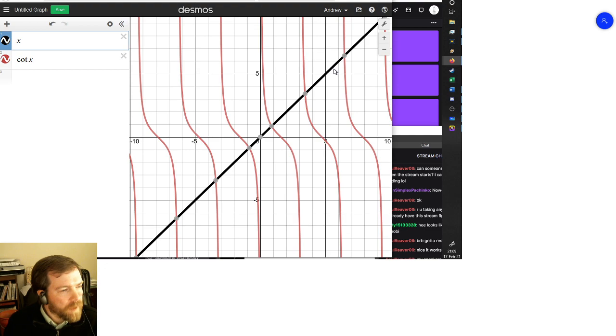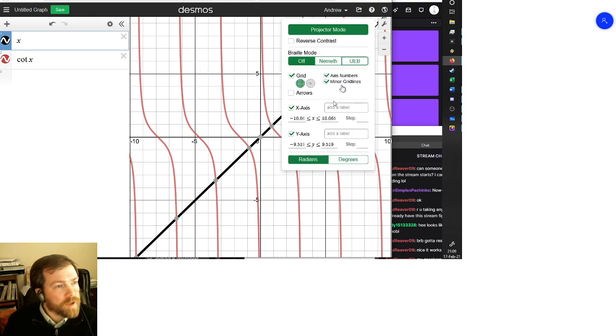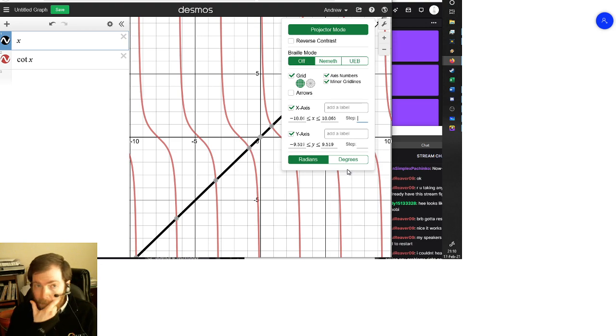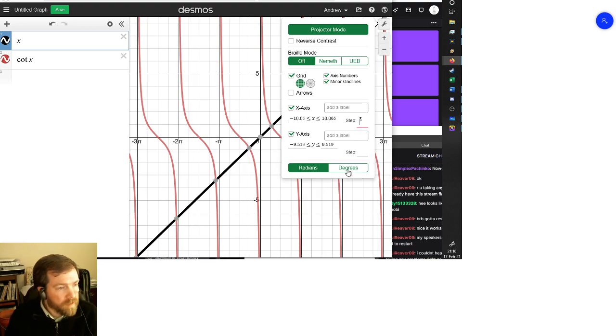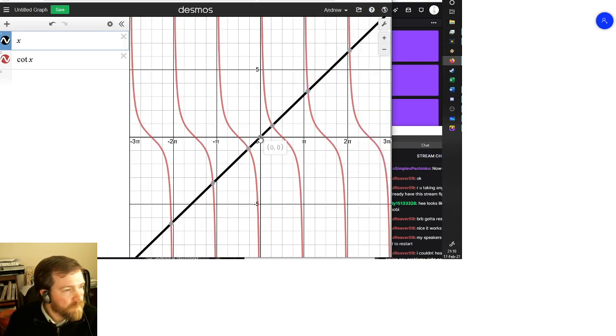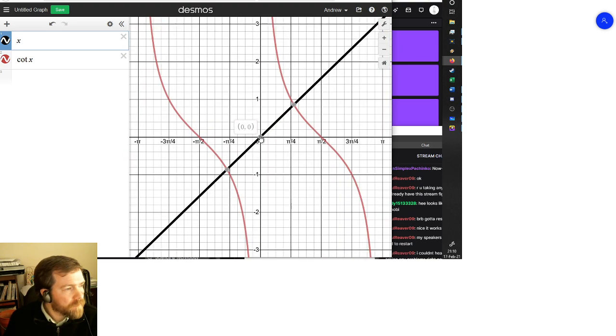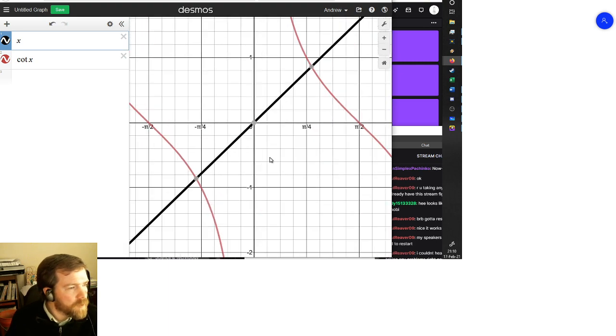But at any rate, what we got here then is we're doing this with pi over 4. We wanted answers between negative pi over 2 and pi over 2, so we've got two answers, here and here, where x equals the cotangent of x.